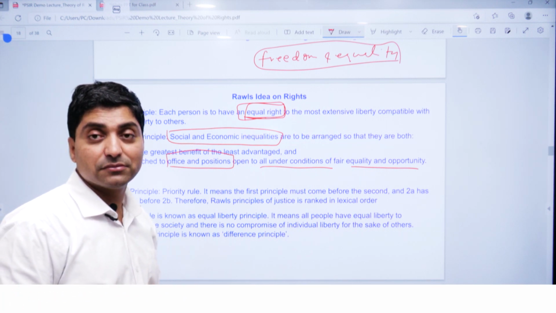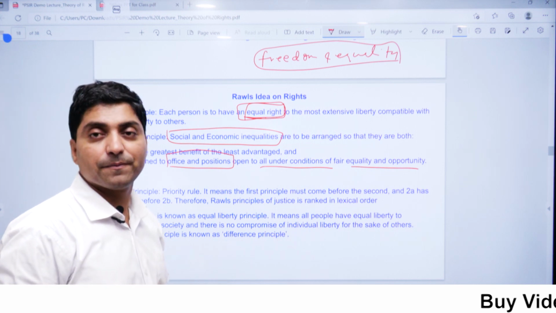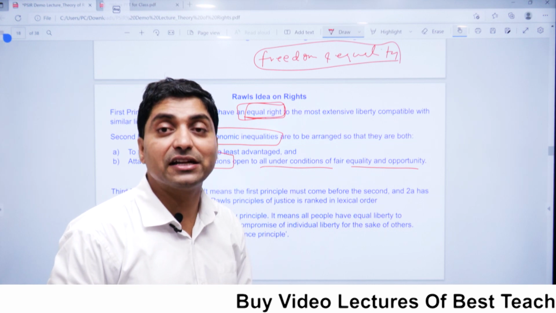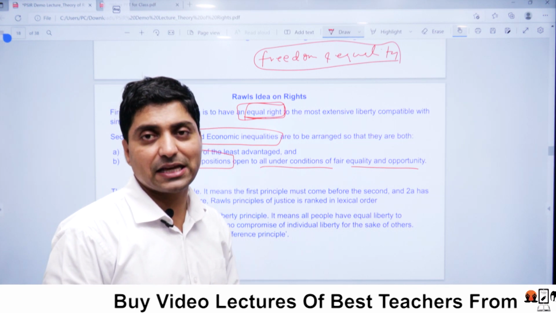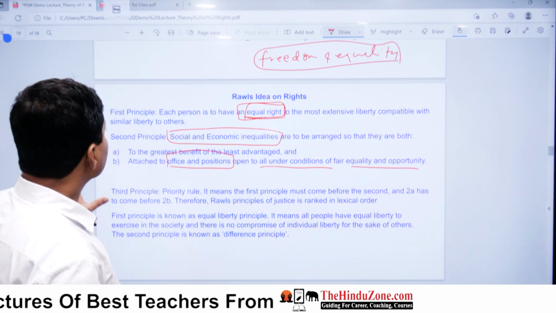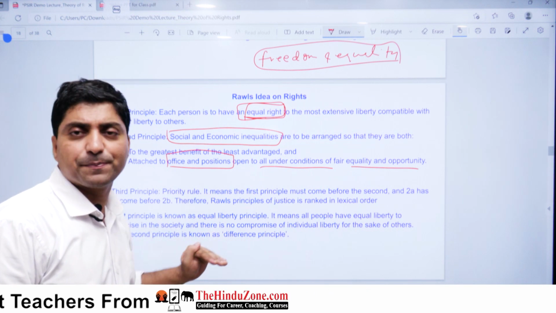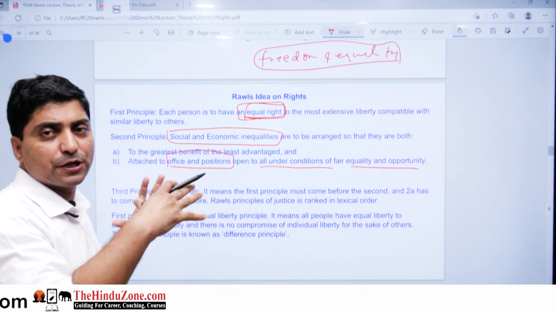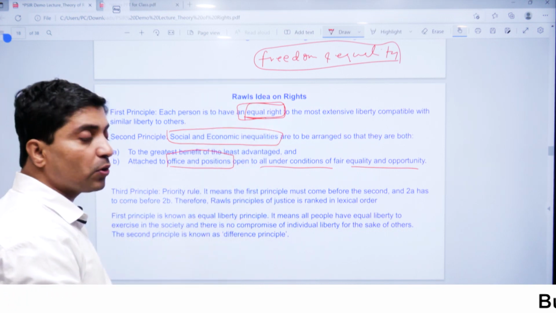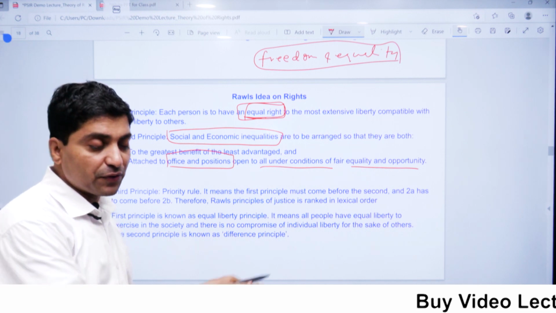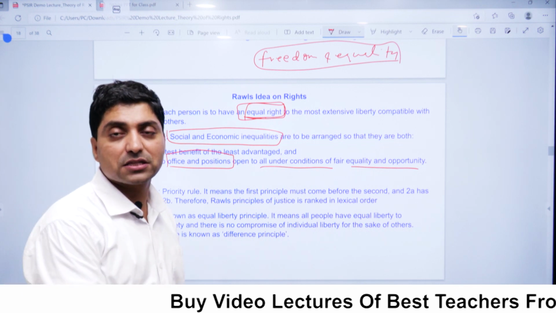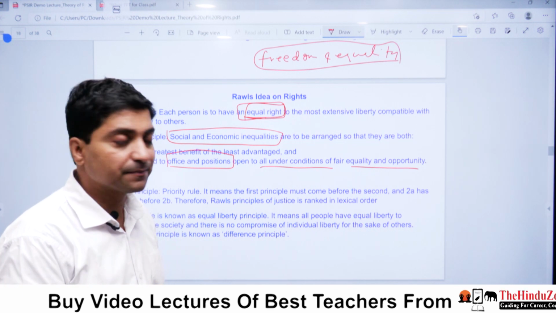At the same time, the government should give reservation to people who are disadvantaged, for example SC, ST. He gave a few principles, principle 1, principle 2, principle 3, and said that the government should follow all these principles, and if you follow them, then society would be a just society, a fair society.